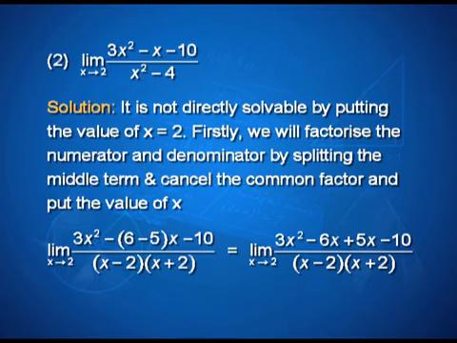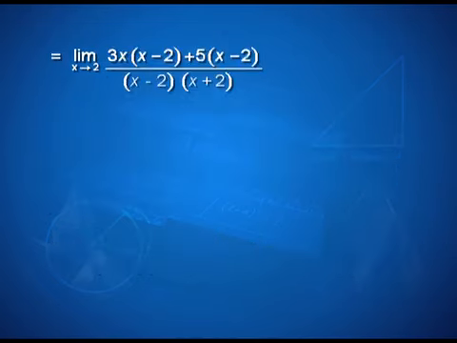That can be solved as limit of (3x into (x minus 2) plus 5 into (x minus 2)) upon (x minus 2) into (x plus 2). On further simplification, we have limit of (x minus 2) into (3x plus 5) upon (x minus 2) into (x plus 2) as x tends to 2.